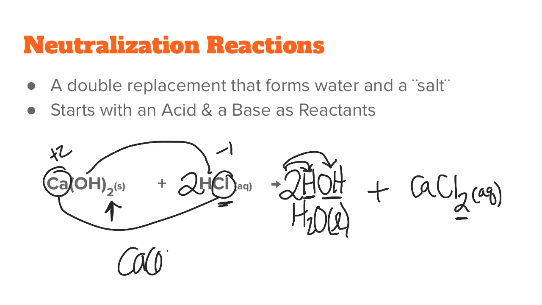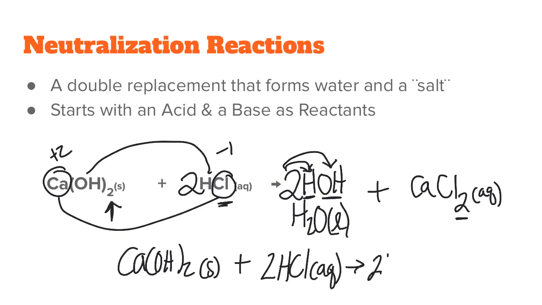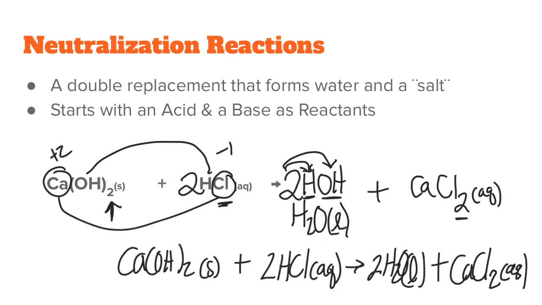Our overall reaction would be calcium hydroxide, which is our base, reacting with 2 hydrochloric acids. And as a result, we're going to end up with 2 waters. Water is always going to be liquid in these reactions. And followed by, in this case, our aqueous calcium chloride.